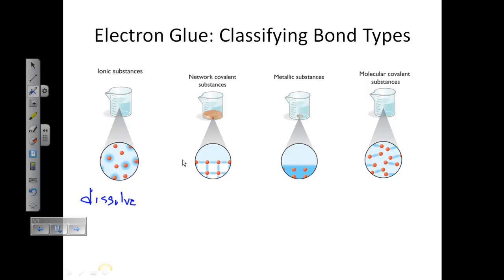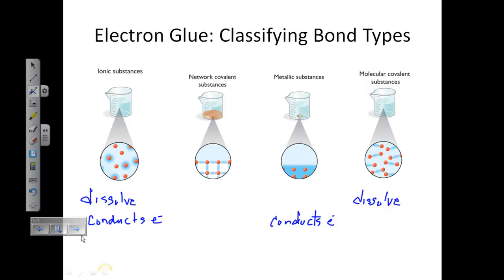And which other one dissolved in water? Molecular. Okay. What conducts electricity in solution would be the ionic. We'll just call it electrons. And this in the dry state, also metals conduct electrons.